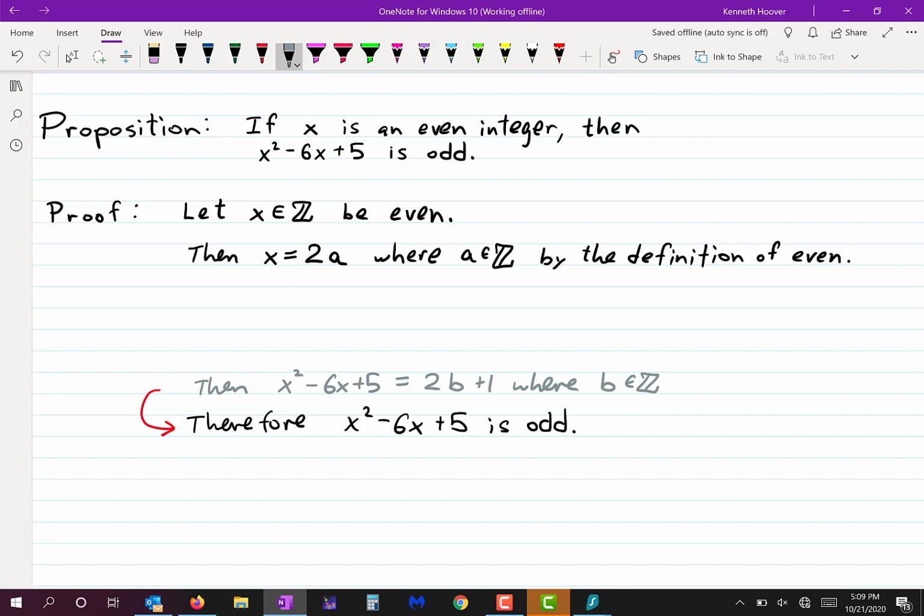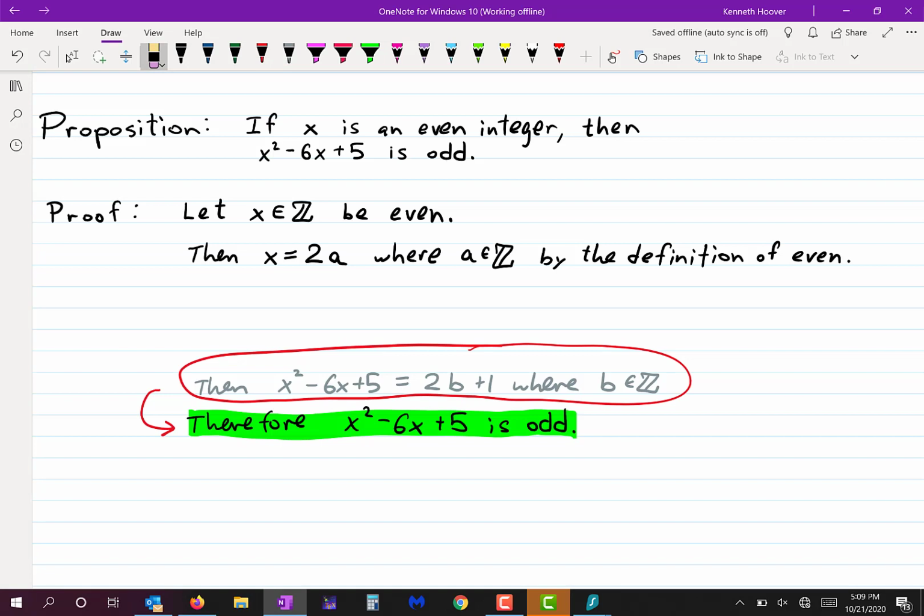Now, I'm not writing that in gray because I know this. Not at all. It's exactly the other way around. I want to know this. And I will know that if I can get to here.